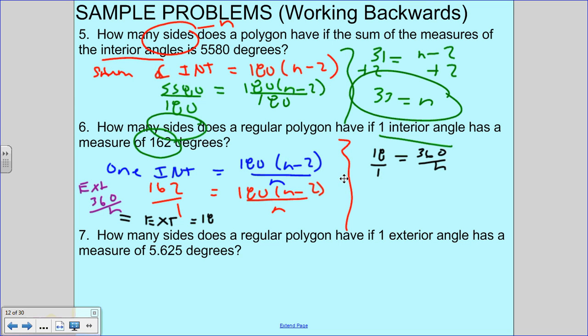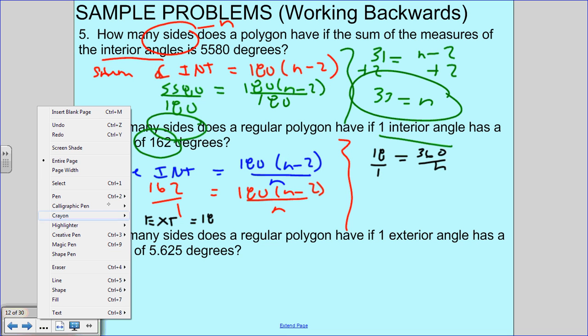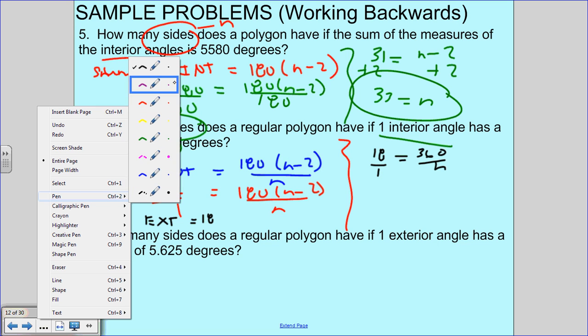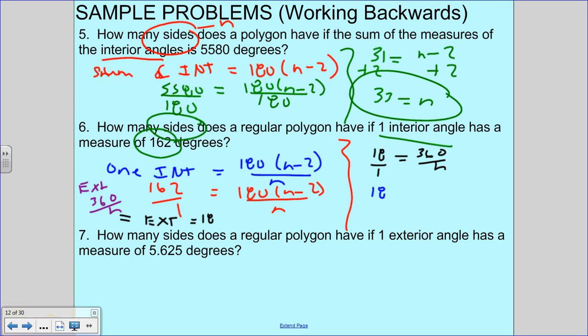So again, we're going to cross multiply. And after we do that, you would have 18n is equal to 360. And divide both sides by 18.